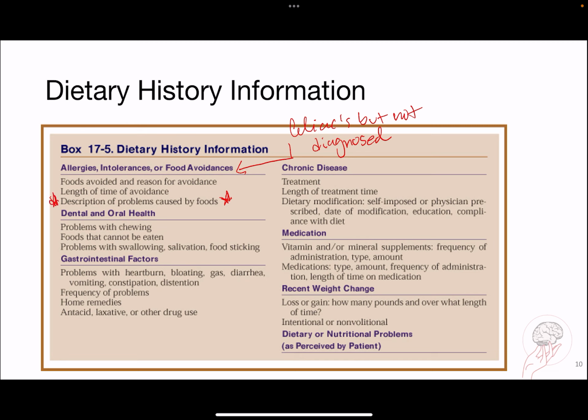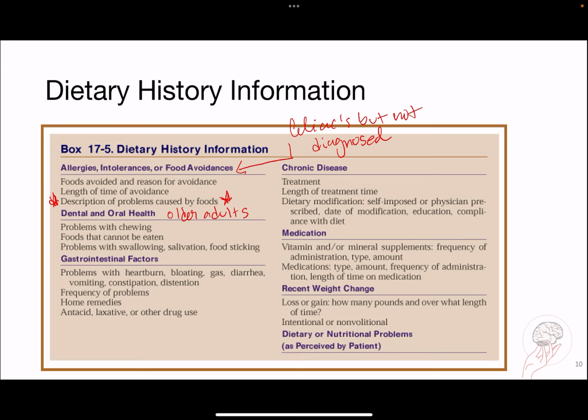That way, you may need to evaluate further, okay, is this an actual allergy or is something else going on? Dental and oral health, especially in older adults. So they may not be able to chew the food adequately. There may be foods they can't eat because they lack the teeth. They may have problems with swallowing, salivation, food sticking to the inside of their mouth.